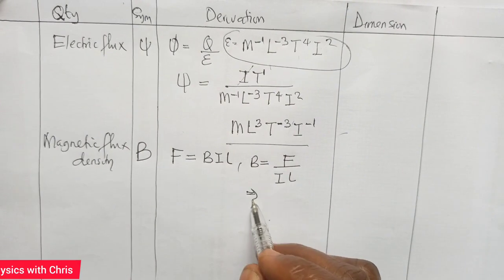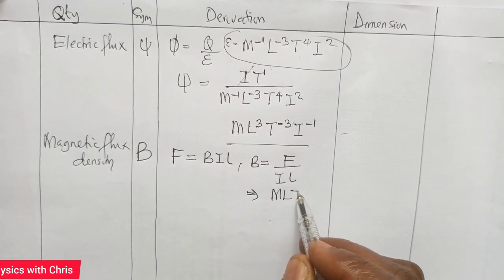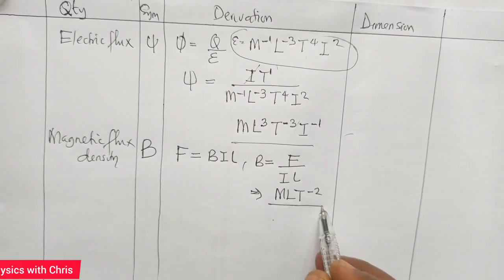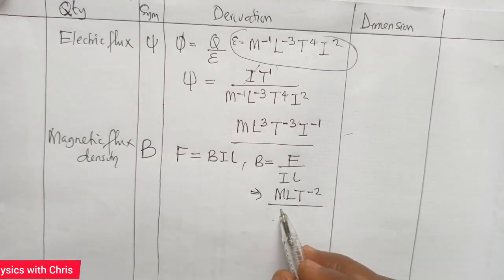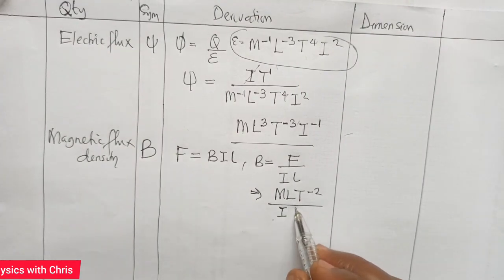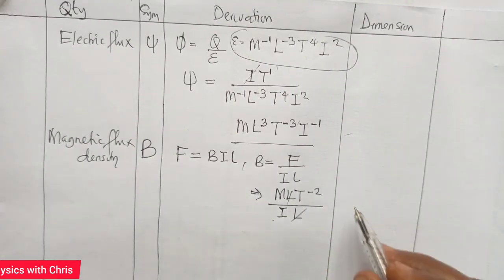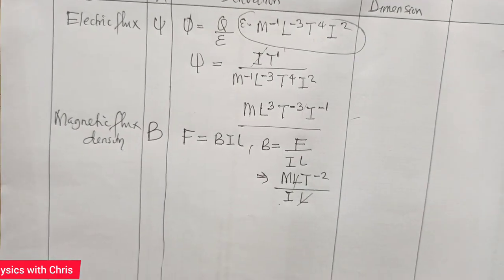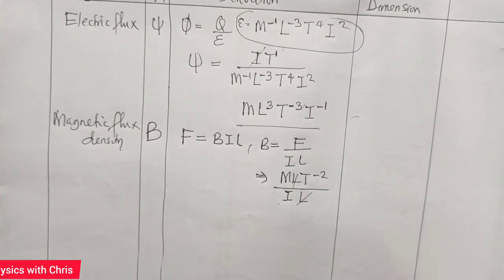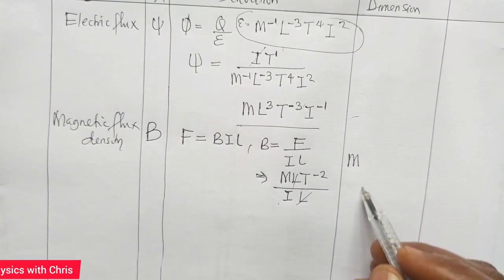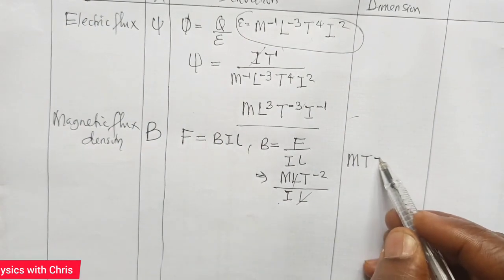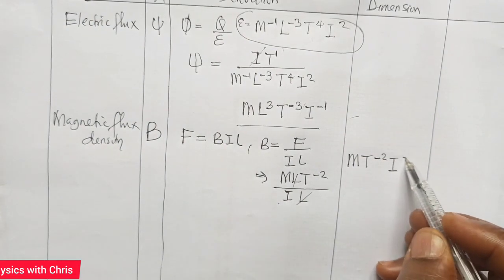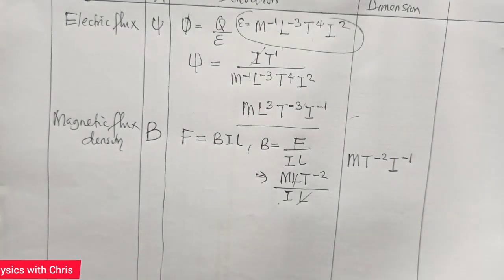The dimension of force is M L T minus 2 divided by the dimension of current, which is I, and the dimension of length is L. So this cancels this. That gives the dimension of magnetic flux density as M T minus 2 and I raised to power minus 1.